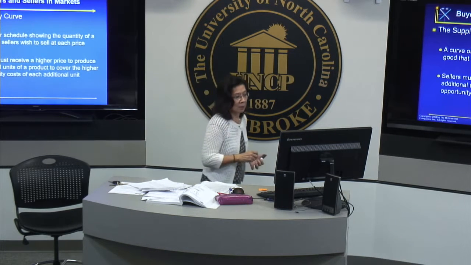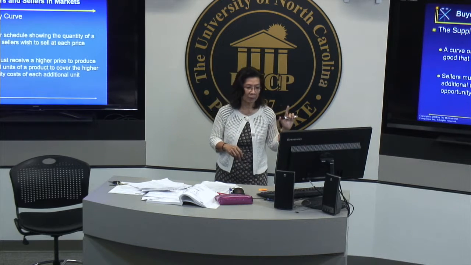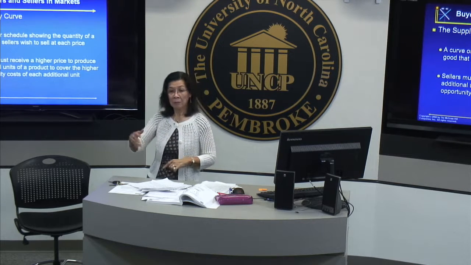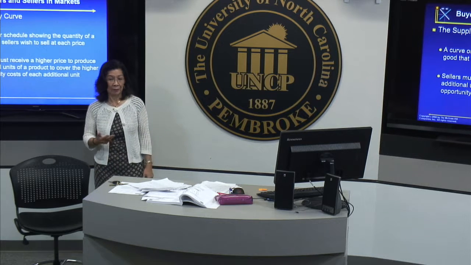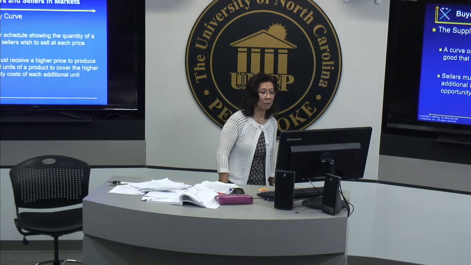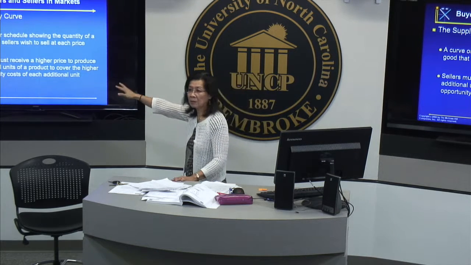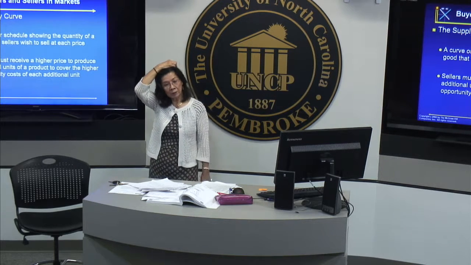Okay? All right, so sellers must receive a higher price to produce an additional unit of a product to cover higher opportunity costs. So remember a while ago I mentioned the low-hanging fruit principle. That's kind of like that. You have reached all your resources at the lowest point that you could reach. And then if you want to climb higher to reach those apples, you have to use ladders.